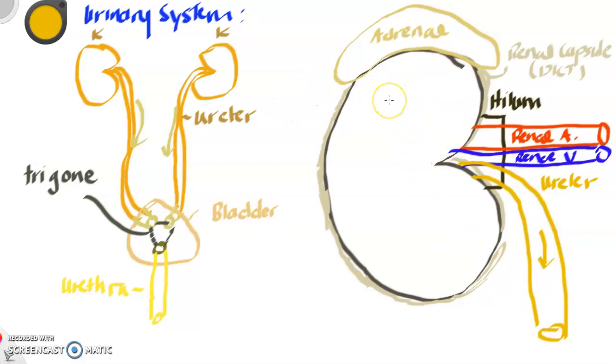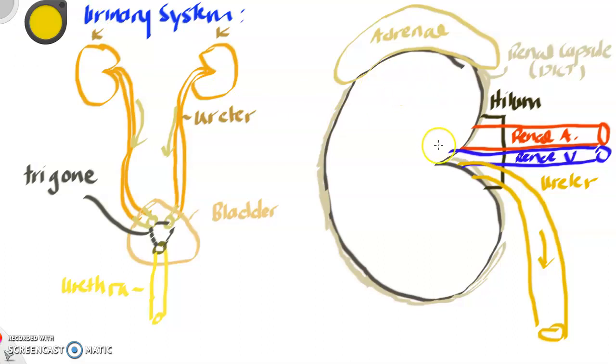All right, if I slice the kidney in half, just right down the middle, starting where the adrenal gland is all the way down, just slice it right in half. There's some pretty interesting structures here.